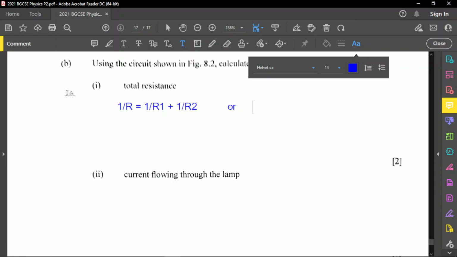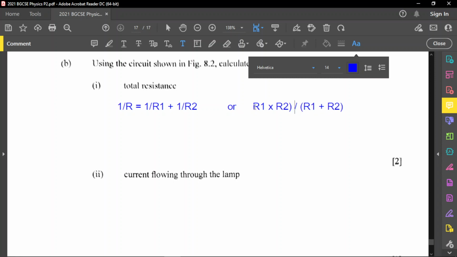So the next formula is the product over sum. This is R1 multiplied by R2, all divided by R1 plus R2, with the R1 and R2 as subscripts. So another formula is the product over the sum.